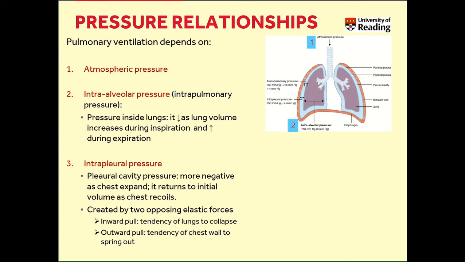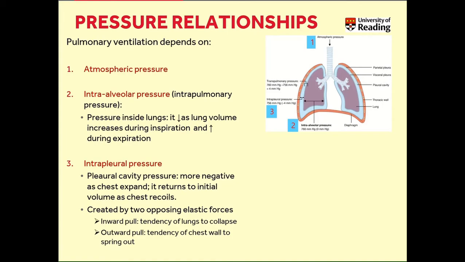Another important pressure I would like you to remember is the intrapleural pressure. This is the pressure within the pleural cavity. This is more negative as the chest expands, but it returns to the initial pressure as the chest recoils. What is this intrapleural pressure?